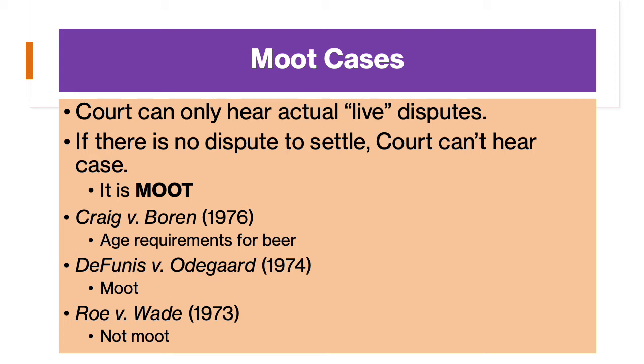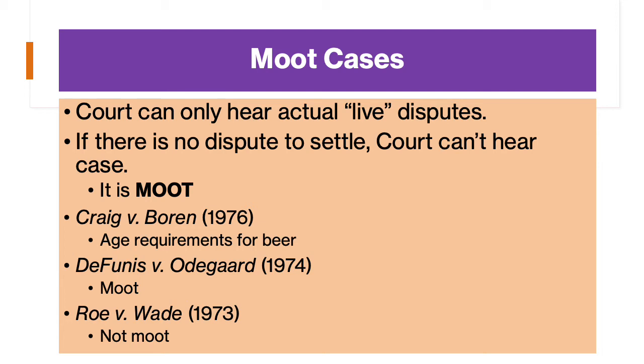Well, why am I telling you about this case now? Because remember that while they were litigating that case, they had to keep coming up with a new litigant who was suing the state. Why? Because as time went on, the 20-year-olds who couldn't buy beer would turn 21, and so now they could buy beer. There was no longer a dispute to settle.